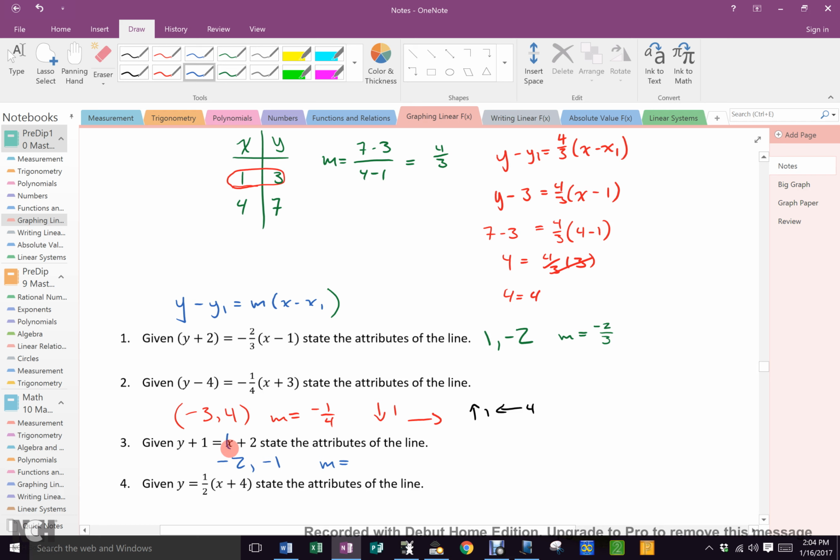Because if there were brackets there, what would be the number in front of it? 1. So since it's positive 1, how would I get to the next point? I would go up 1 and right 1, or down 1 and left 1.